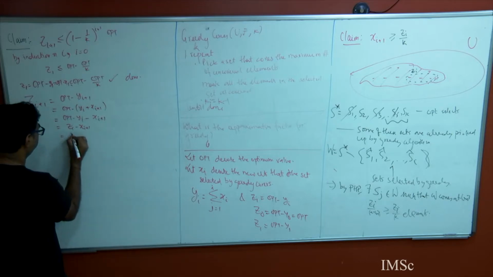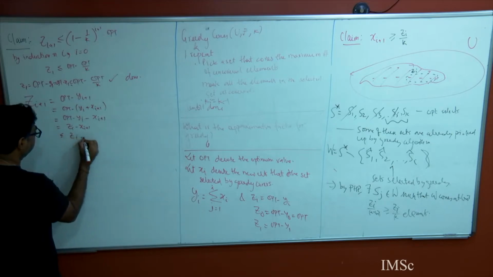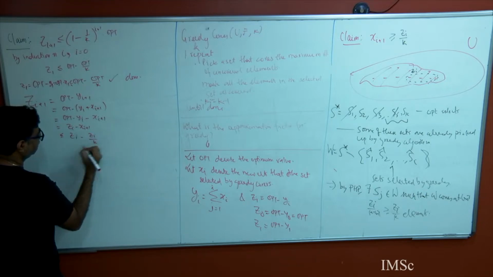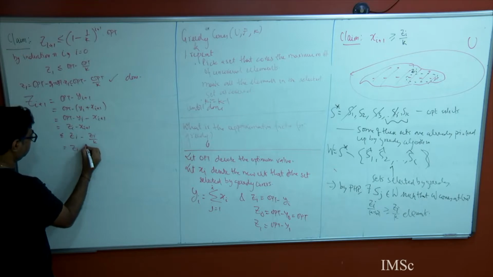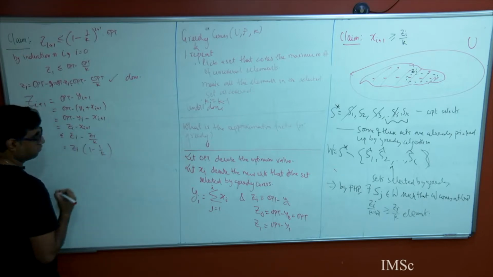So Zi by k, which is equal to Zi times 1 minus 1 over k.